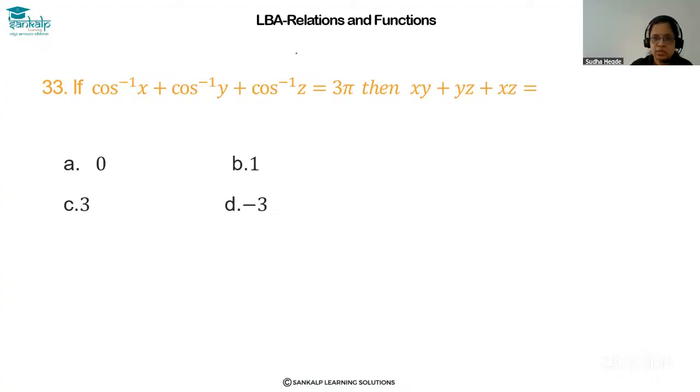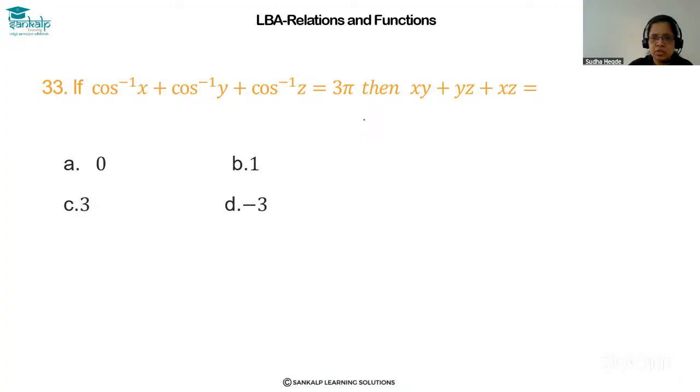Hi students, the question is, if cos inverse x plus cos inverse y plus cos inverse z is equal to 3 pi, you need to find xy plus yz plus xz.